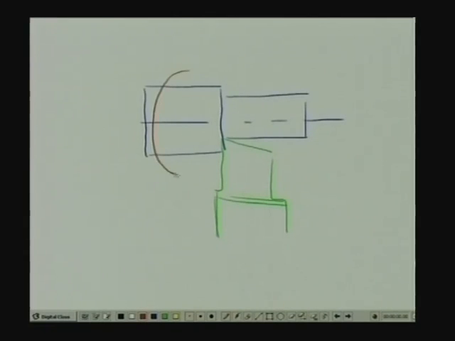This is the cutting motion, the rotation of the job, and this is the feed motion of the tool. Now, the chip that will be produced will come through this side. In this direction the chip will flow.